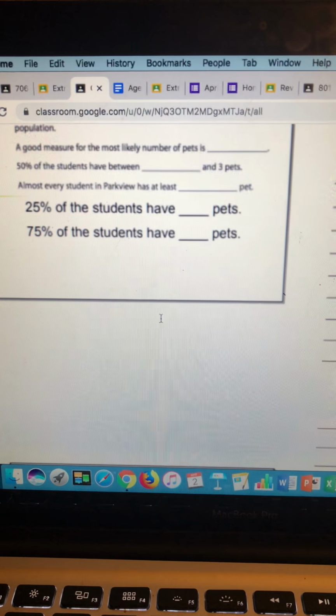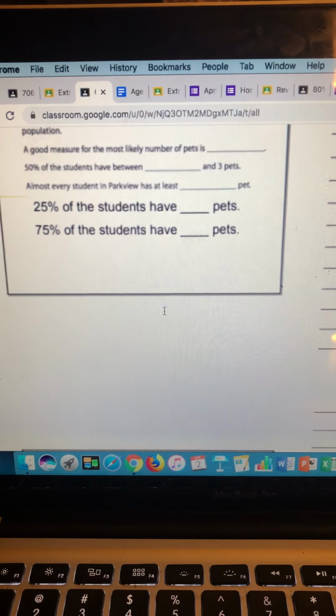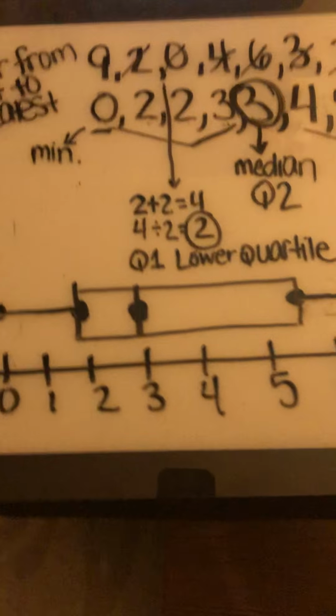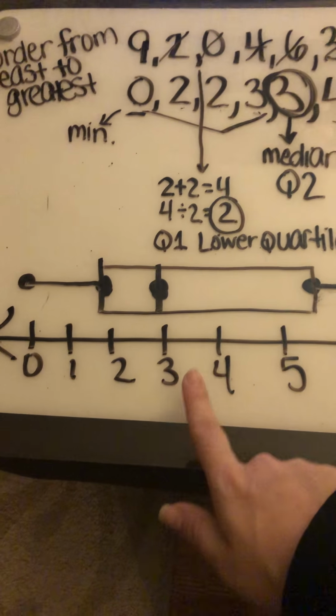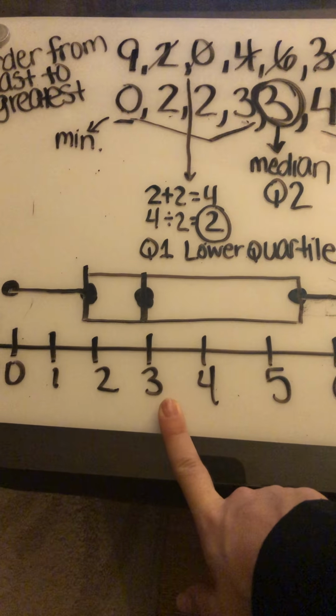So let's go and see what type of questions they would ask you. Okay, so the first question says, a good measure for the most likely number of pets is? Well, a good measure would probably be the median. I would say it's about 3 because that's your middle number. Okay?